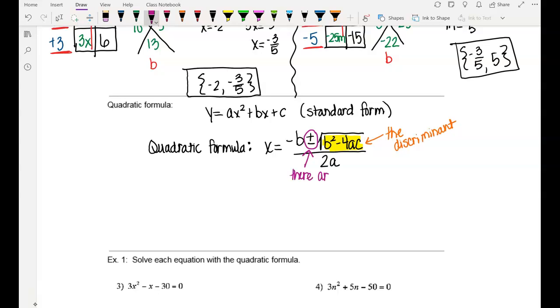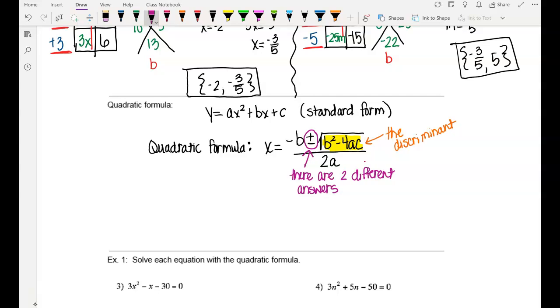So once we get the equation simplified down, we'll run it once with the plus in there and once with the minus in there.